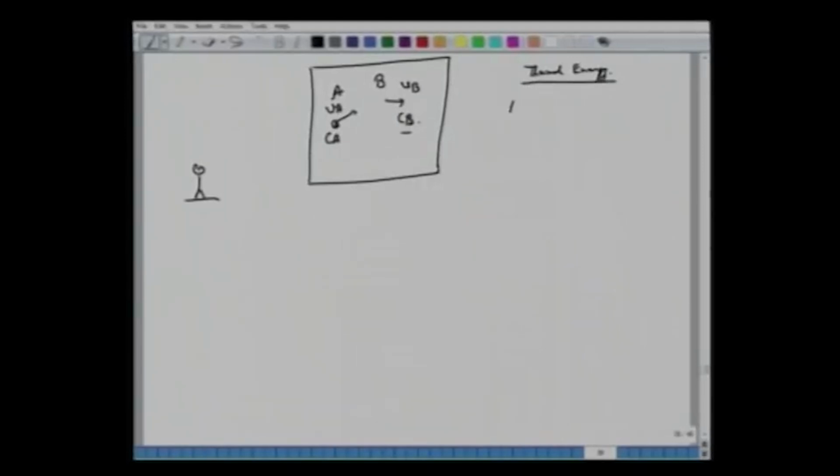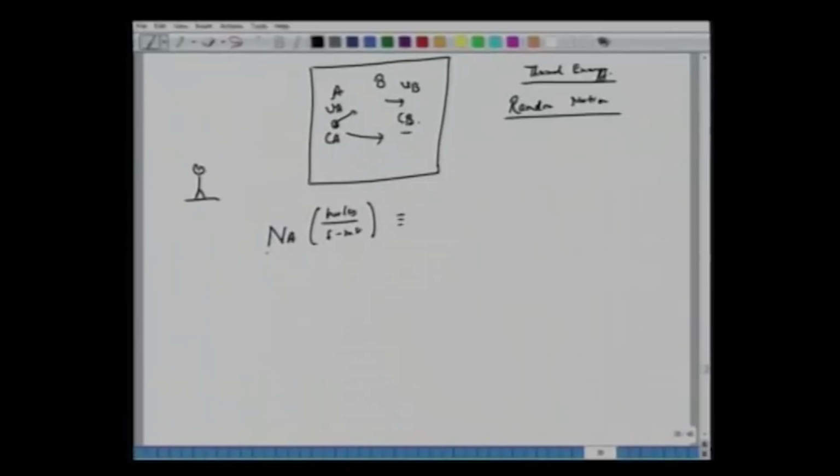In addition to this random motion, it's also possible that maybe there is a pressure difference, and as a consequence, this molecule can also move in some directions. So that means we are talking of a transport or flux of A, moles per second per meter square, having two components.